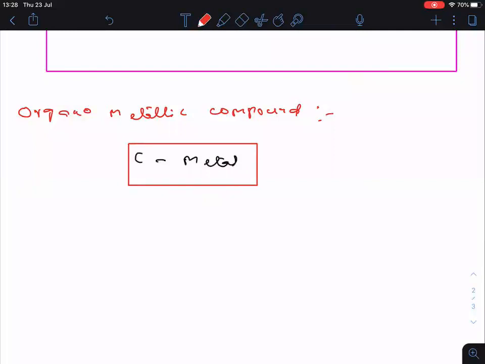Such type of compounds are said to be organometallic compounds. Hope you are able to understand.